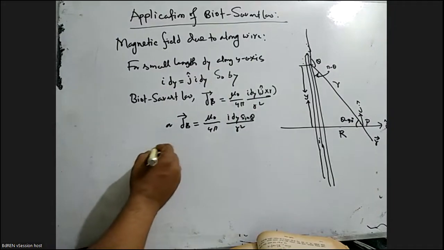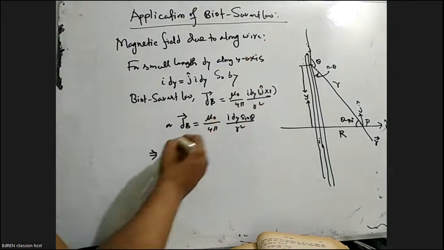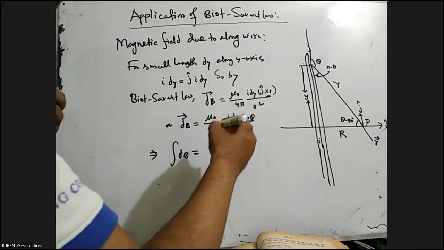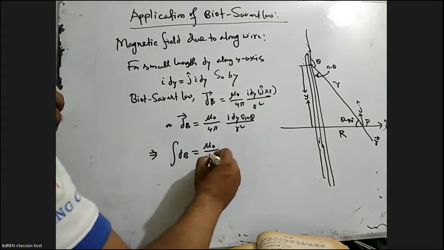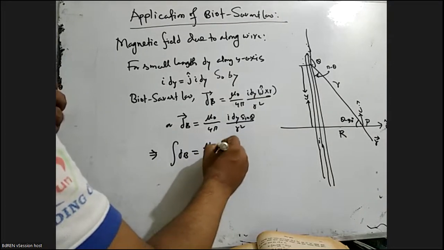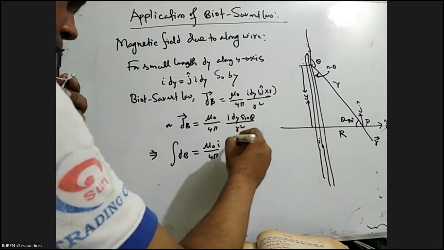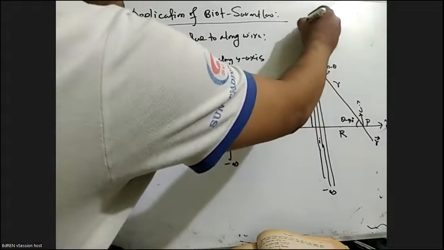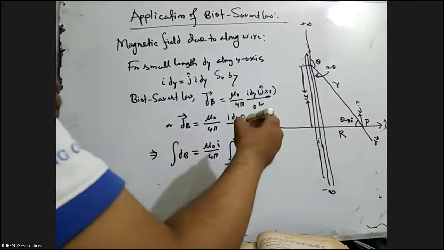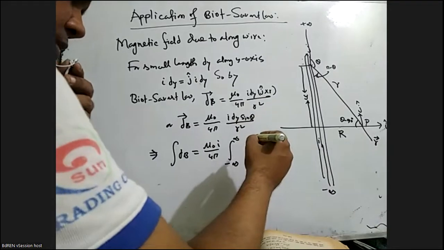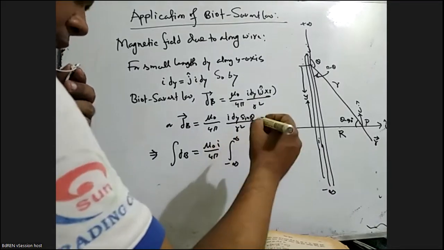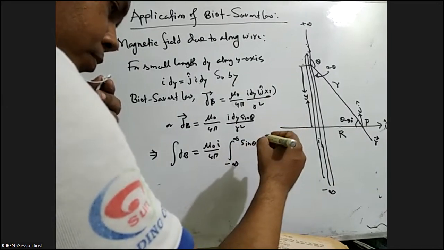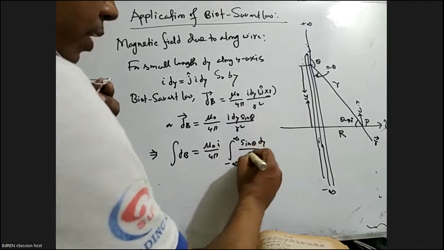Now to find the whole magnetic field, we have to integrate on both sides from minus infinity to plus infinity, which is the length of the wire along the y-axis. So we get I sin theta dy by r square.